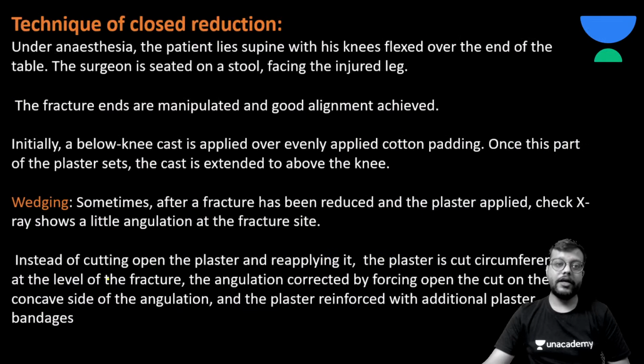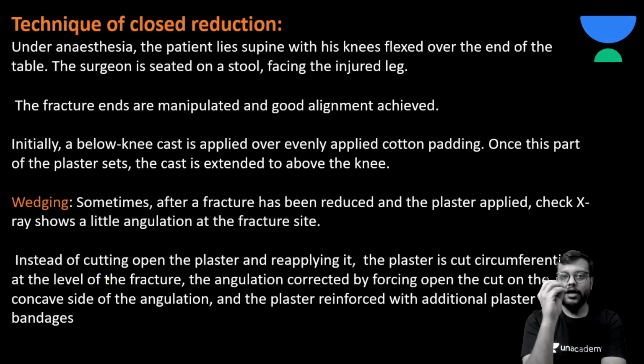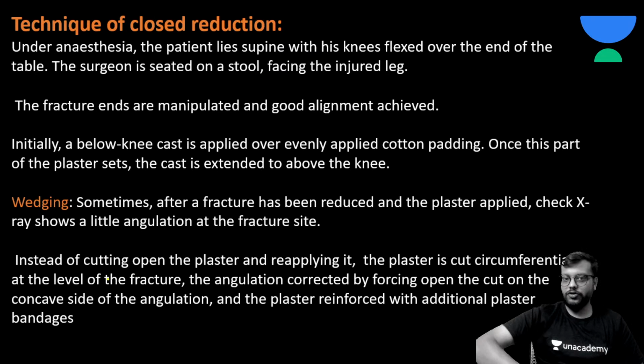Okay, now technique for closed reduction, ये ध्यान रखना, टिबिया या लेग बोन के रिडक्शन में आप क्या करते हो, the operation table या नॉर्मल टेबल जो होता है उस पे पेशेंट को सुपाइन पोजीशन में लेटा देते हो. Then the affected limb, you keep the affected limb hanging down from the table with the knee joint flexed, है ना. Then one person holds the knee joint like this.